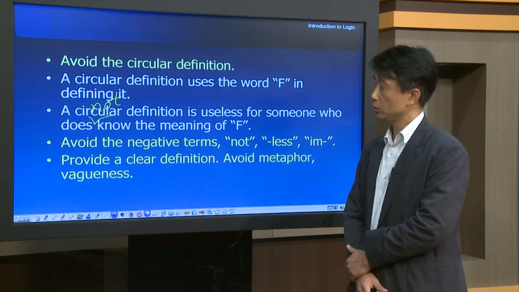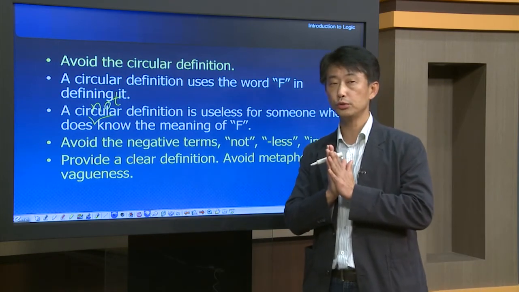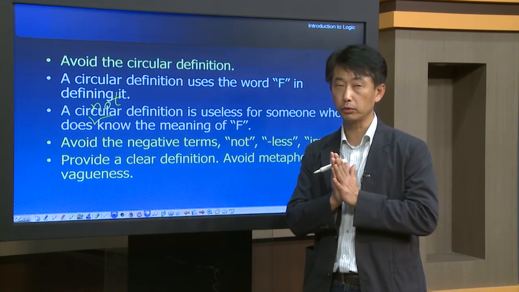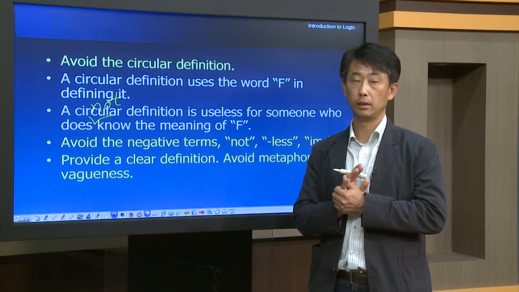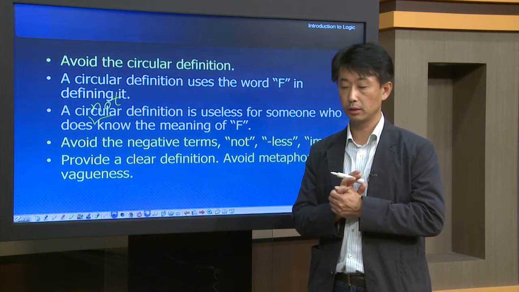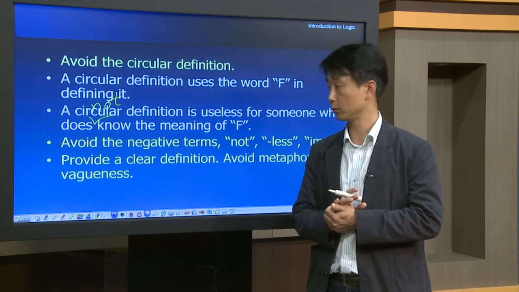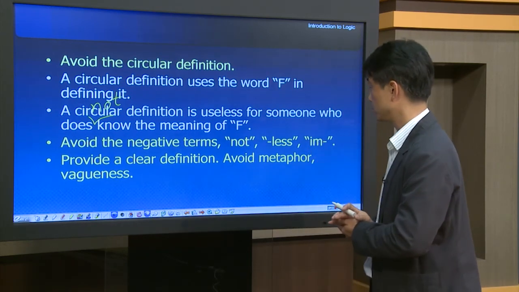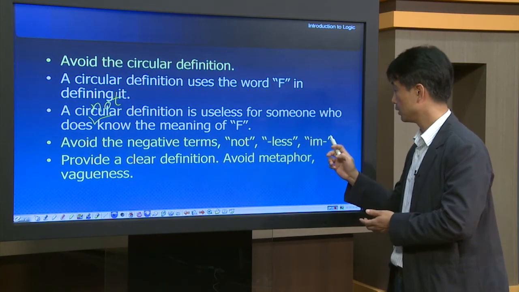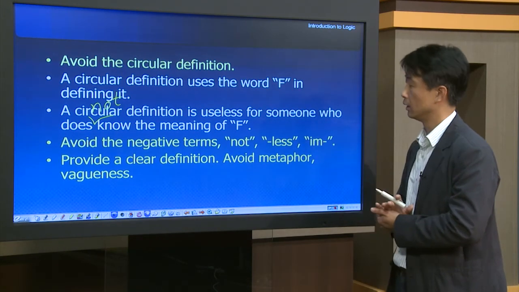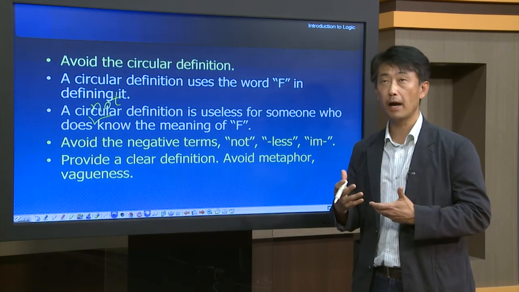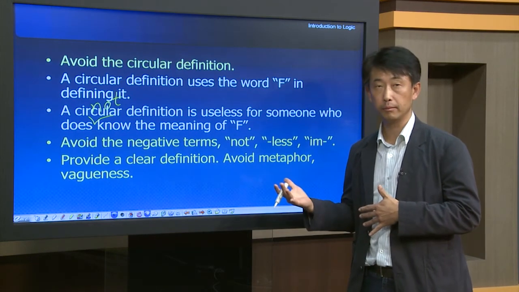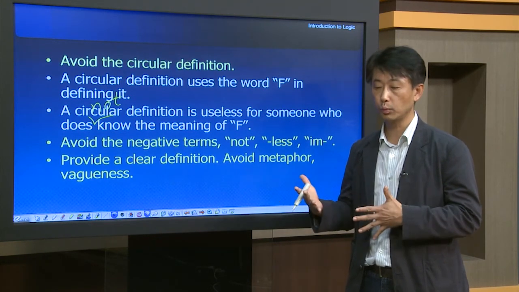I think the first three rules of good definitions are the most important, but in the book, you will find more rules, such as try to avoid negative terms, such as not, less, and so on. If you can define a term without them, in a positive way, that's better.